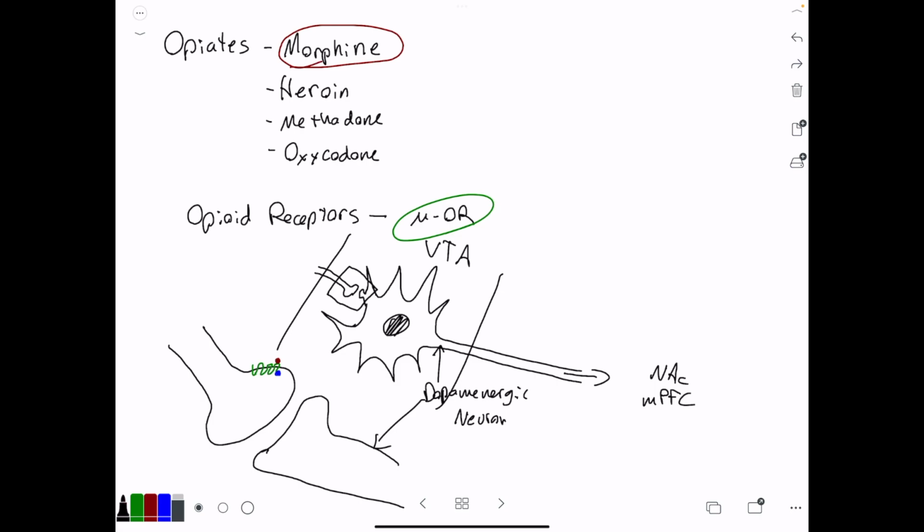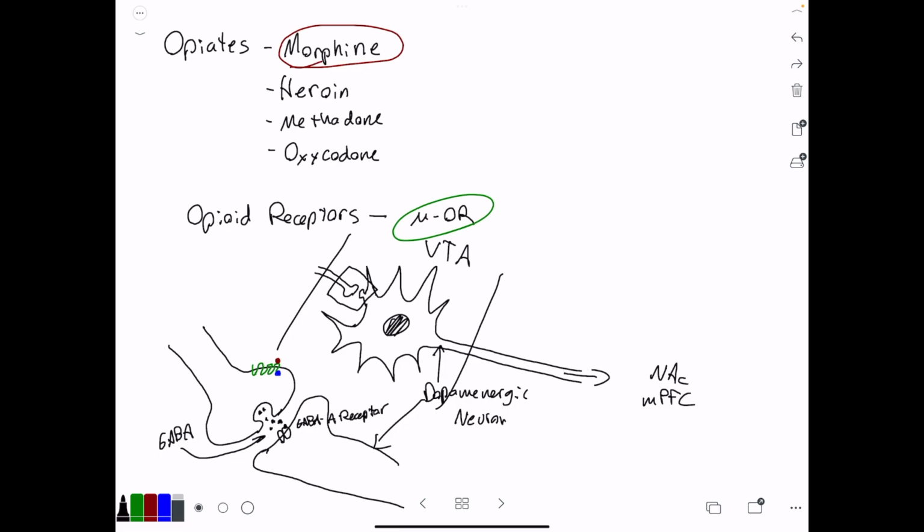So typically, and I'll draw this a little bit more accurately than I did last time, GABA is being released, and the GABA neurotransmitters are binding to the GABA A receptors here.